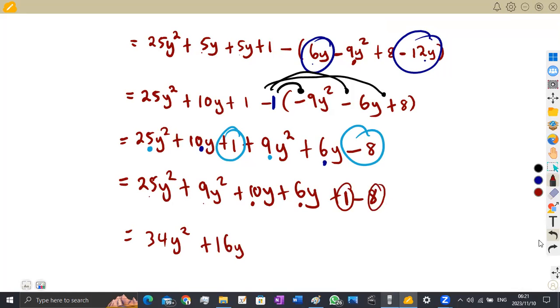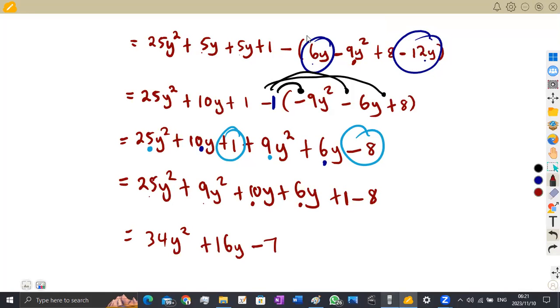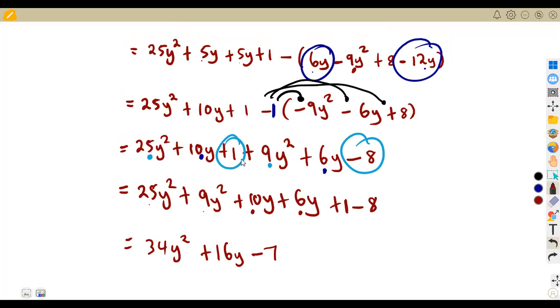Then 1 minus 8, we have to subtract, which gives us a negative 7. So that means we have got the answer in this case.